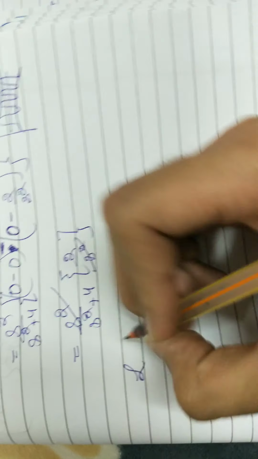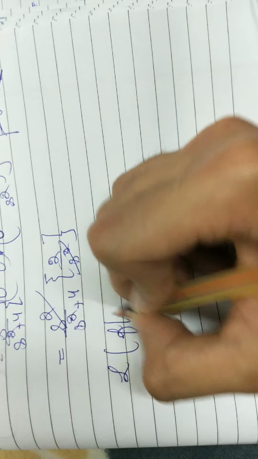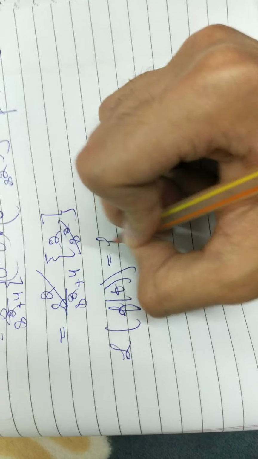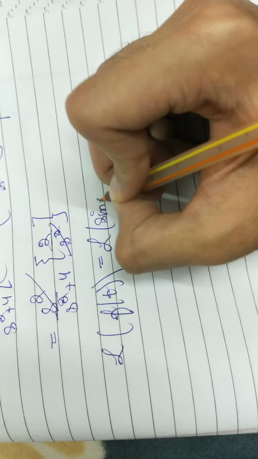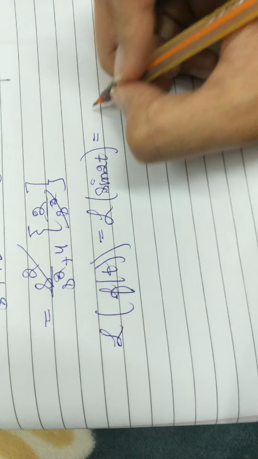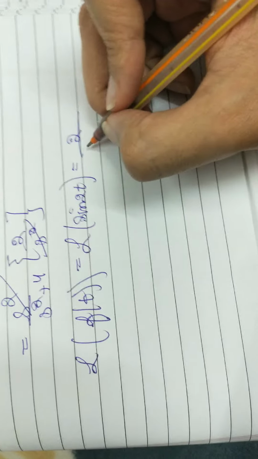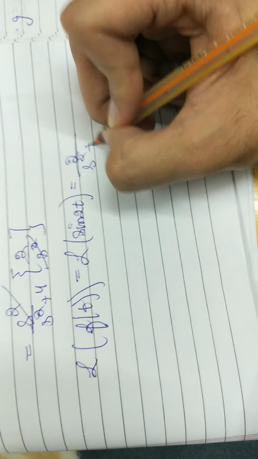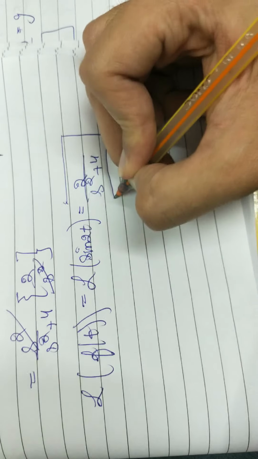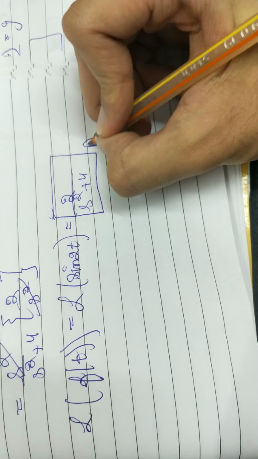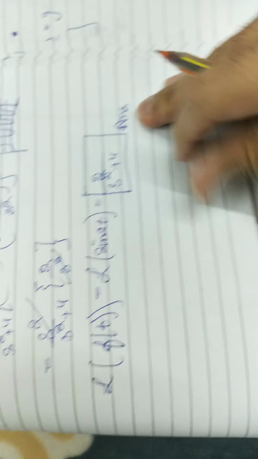S square and s square get cancelled, and finally the Laplacian of a function f(t), that is the Laplacian of sin 2t in our case, is 2 divided by s square plus 4, and this is our answer.